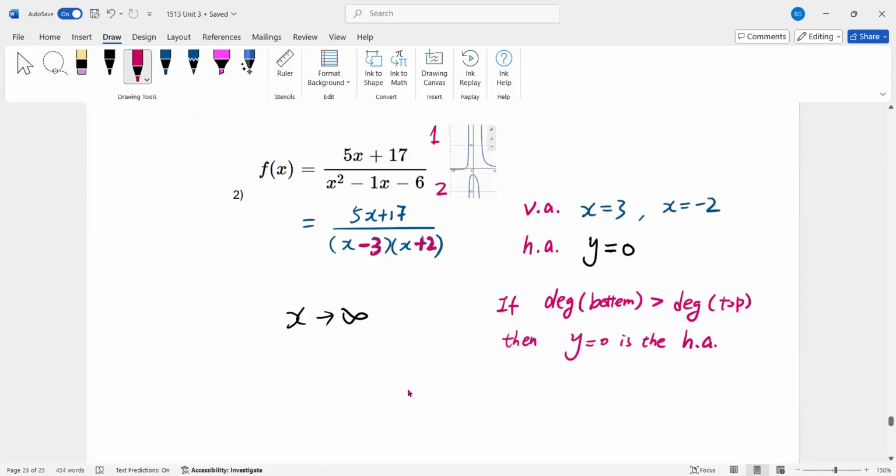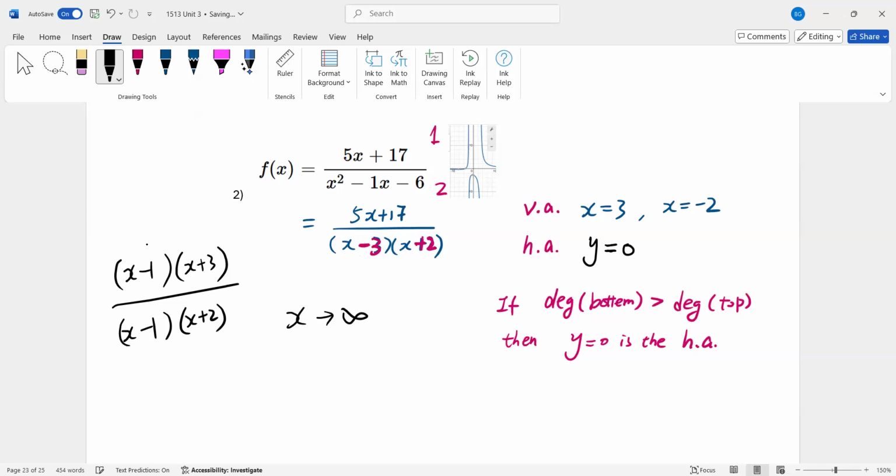For example, since you are asking, this factored form of a rational function has a hole at x equals 1. A hole means you can get rid of the factor, right? You can cancel, because x minus 1 is a common factor of the numerator and denominator. But you cannot simply cancel them.